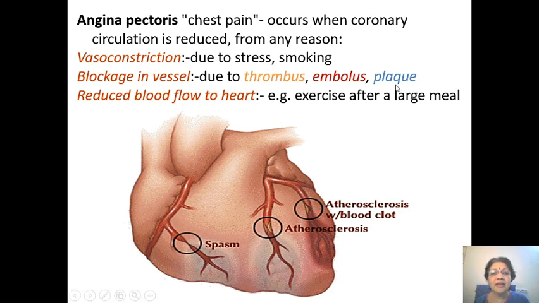Plaque, on the other hand, is not a blood clotting mechanism, but rather a vessel wall pathological change mechanism where only the cholesterol derived components within the blood have been deposited because of a very high concentration.